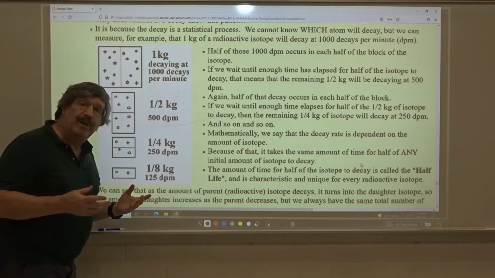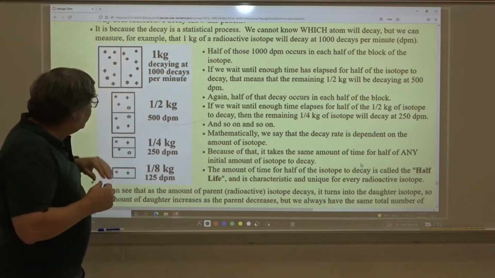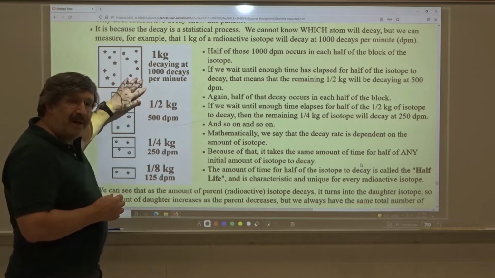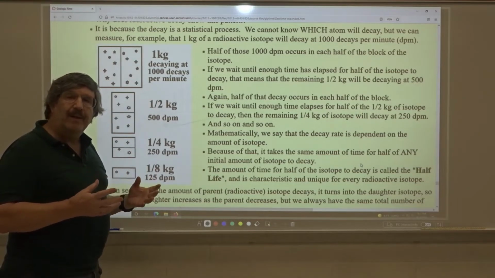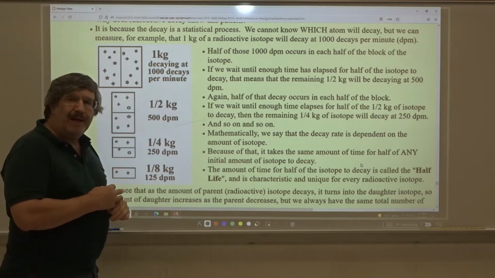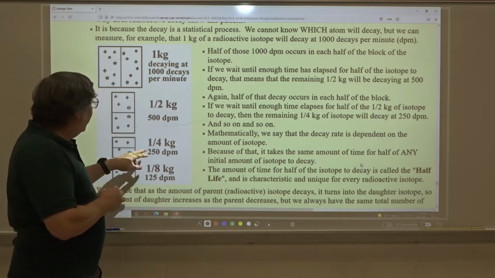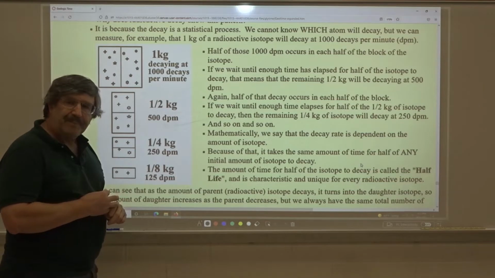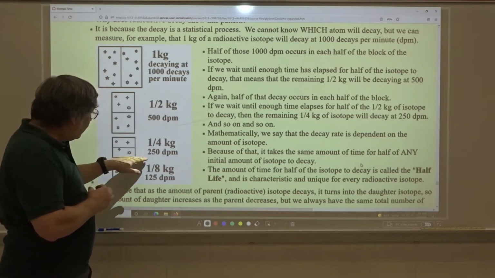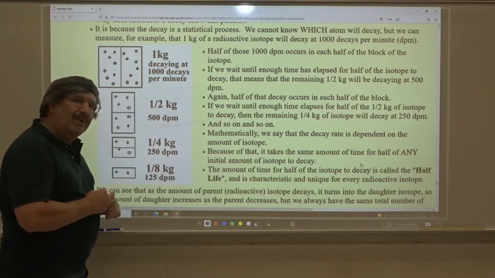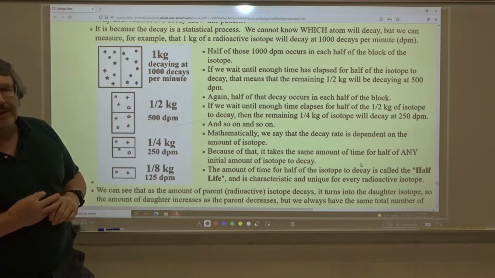By the same token, just as we did before, if instead of physically cutting this in half, we just wait until half of the isotope has decayed away, and we now have a quarter of a kilogram instead of the half kilogram that we had, this also means that the rate of decay will decrease.